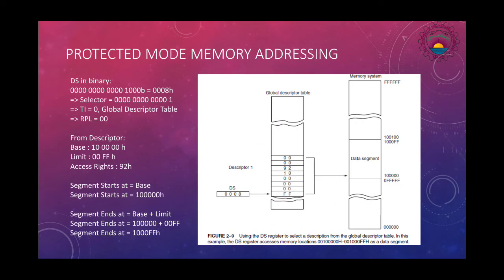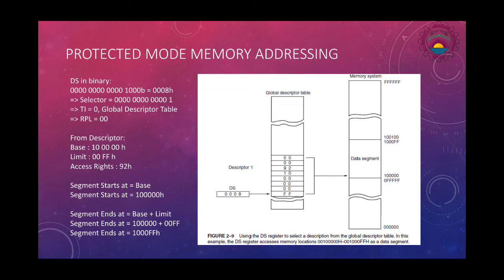That is the diagram showing how a segment register is used to access memory within protected mode memory addressing. So you may see in the diagram figure 2-9 DS is having 0008. So if you convert data segment register into binary, pattern will be 0000000000001000.